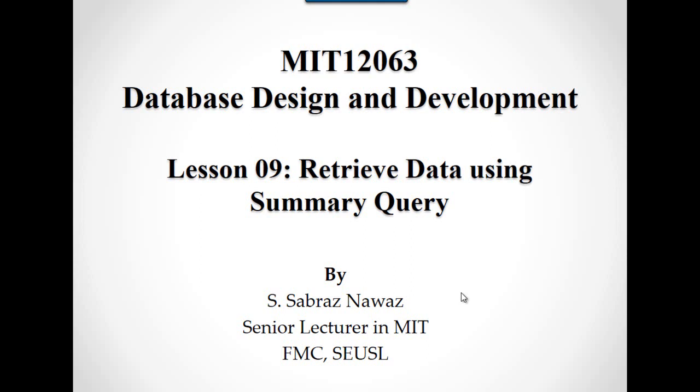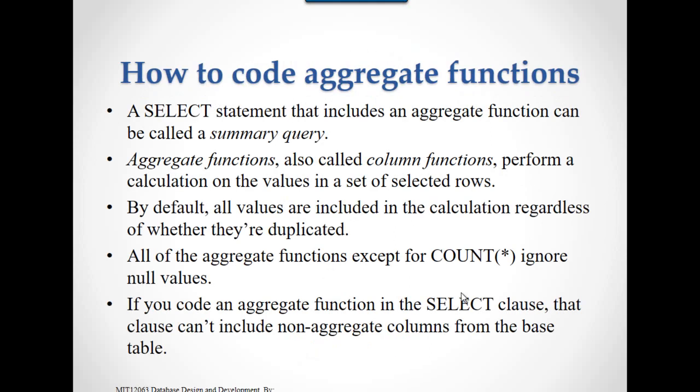Today we will see a brief of retrieving data using summary queries. This is lesson number 9 of our course. We are going to talk about how we can use aggregate functions to create summaries of the table or tables available in a database.